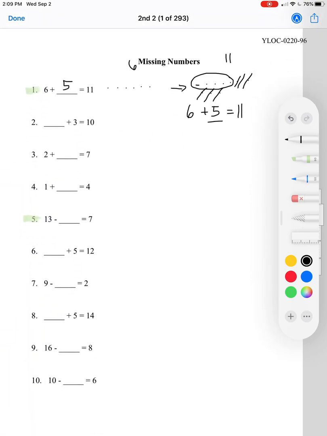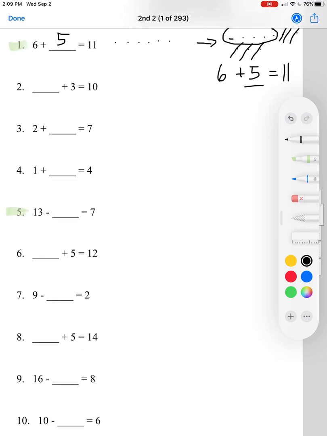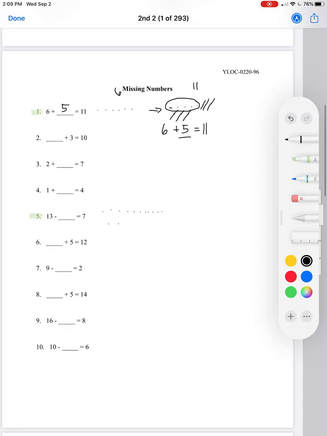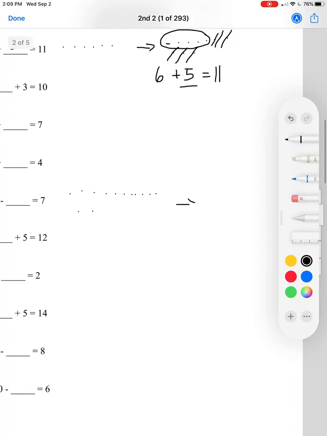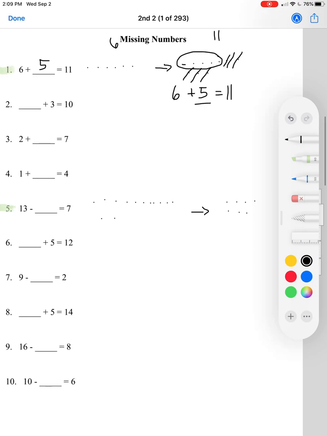Now we'll do number 5. It's a little different, but we can use the same method. We have 13 minus blank equals 7. I think that's 13. And then we're going to take away some dots to get to 7. We don't know how much we're going to take away yet.